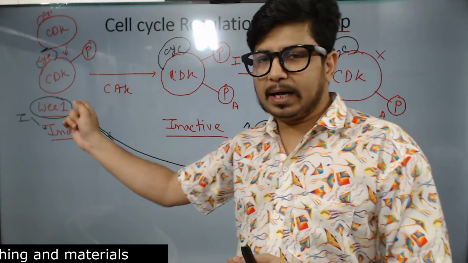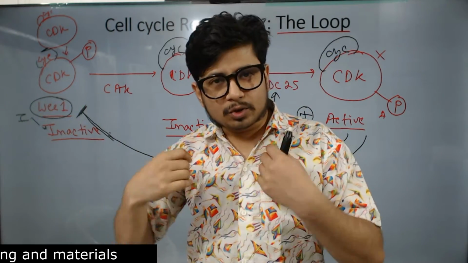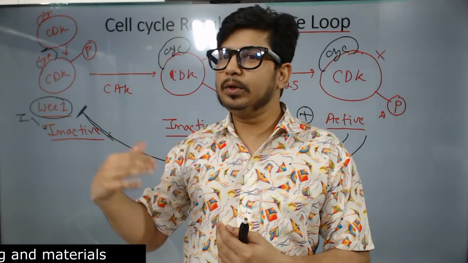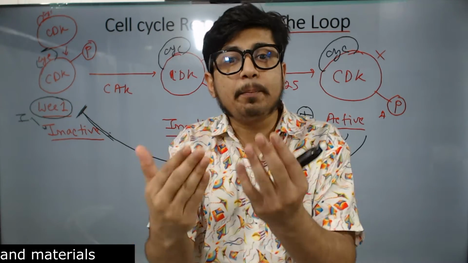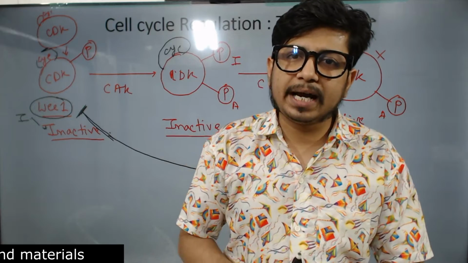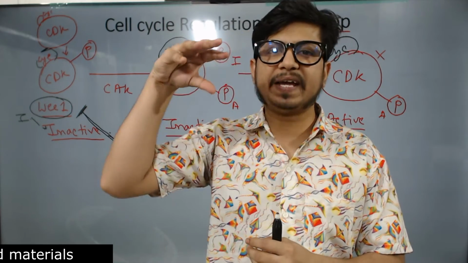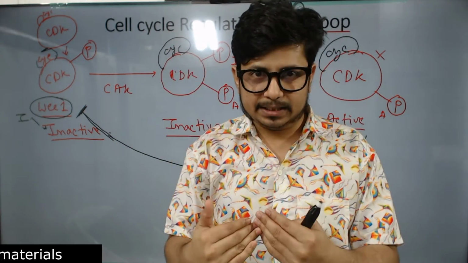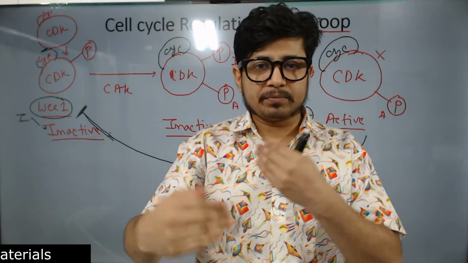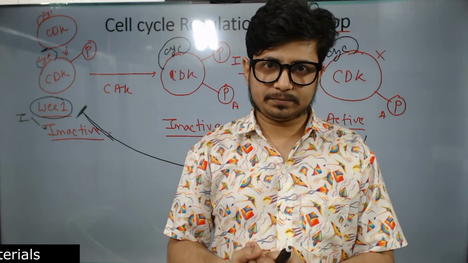V1's role is actually, V1 gets activated by whom? By the checkpoint kinases. What are checkpoint kinases? Checkpoint kinases are specific enzymes which can detect DNA damage during the process of cell division.